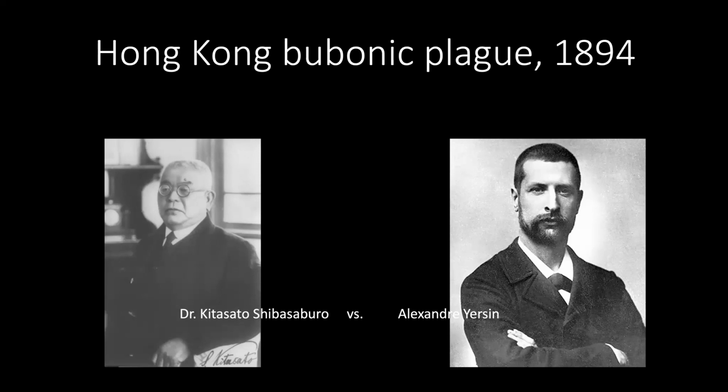And Alexandre Yersin, representing the French government, and Dr. Kitasato, representing the Japanese government, both went to Hong Kong at that time to try to discover the causative agent of bubonic plague. They understood the connection to rats, but did not yet quite get the importance of keeping the rats off of the ships. So of course, this became a global plague pandemic when the rats bearing fleas, bearing the bacillus, went onto the ships and took it all over the world.